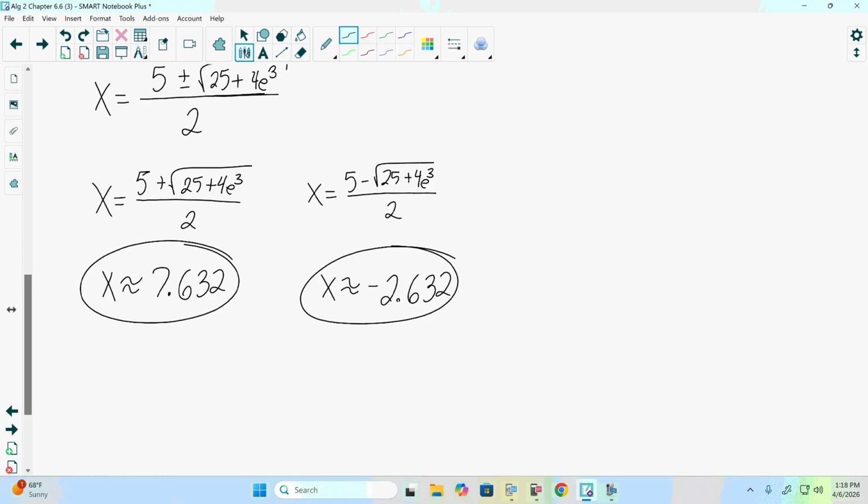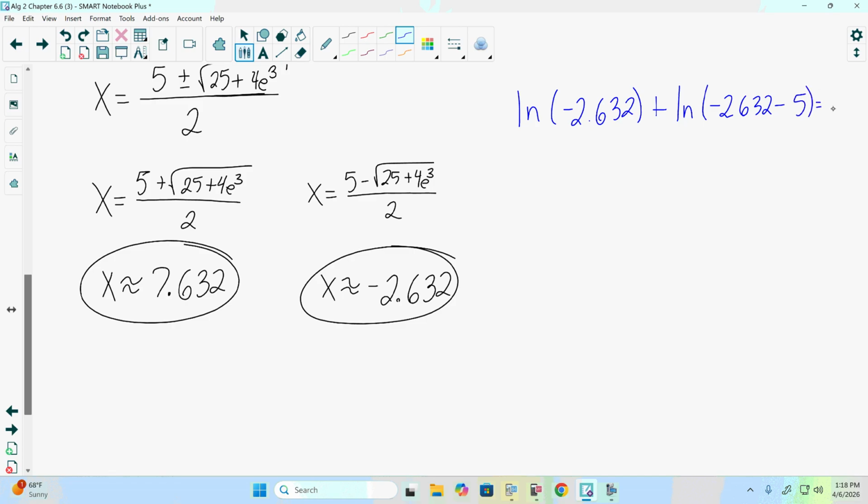Now we just need to check it. Well, negative 2.632 is probably going to be the one we're going to throw out. And that is the case, because we would have the natural log of negative 2.632 plus the natural log of negative 2.632 minus 5.